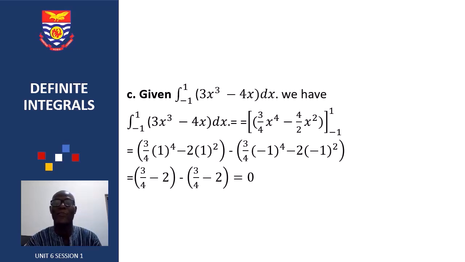And this gives 3 over 4 x power 4 minus 4 over 2 x power 2. Now putting in the limits, then we have 3 over 4 minus 2, then minus 3 over 4 minus 2. And this gives 0.